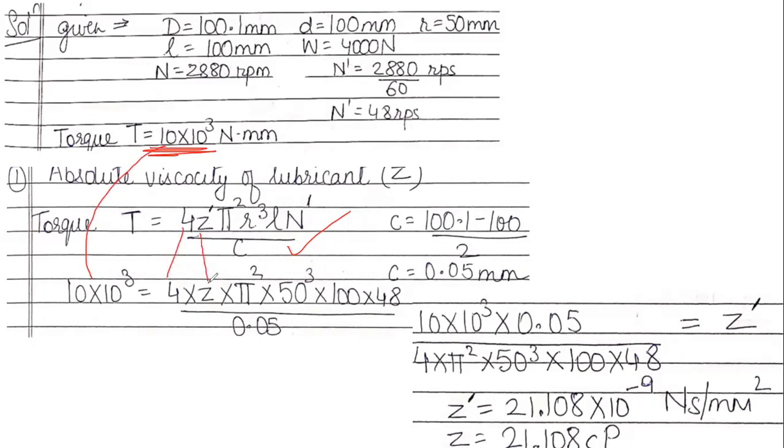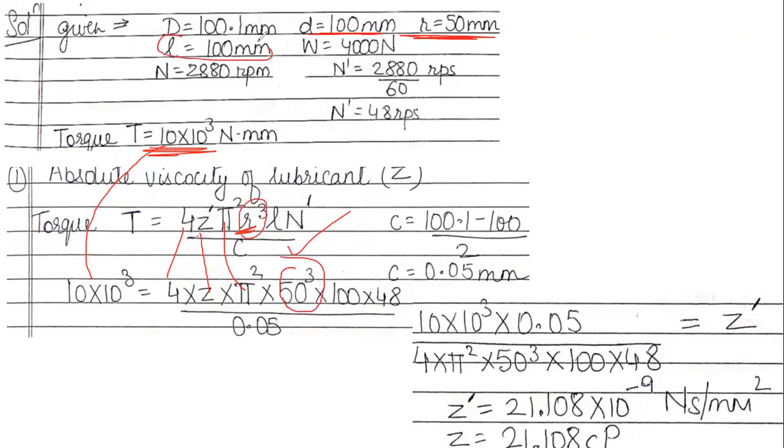We don't have Z or Z dash, so we'll just put down the same symbol. Pi square we'll write down. R, since the diameter of the journal is 100 mm, the radius of the journal will be 50. So I've put down here 50 cube.